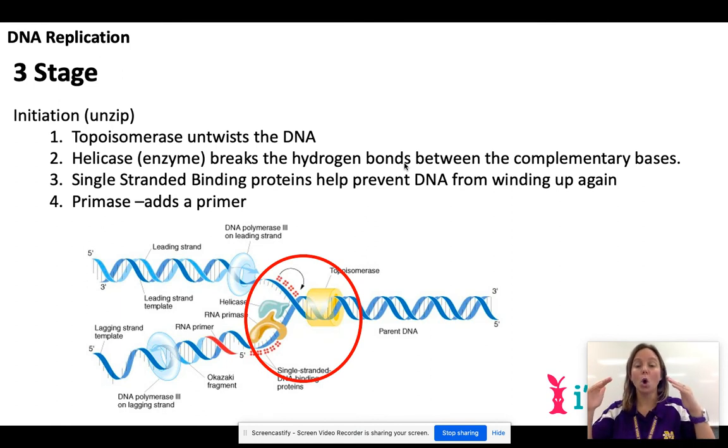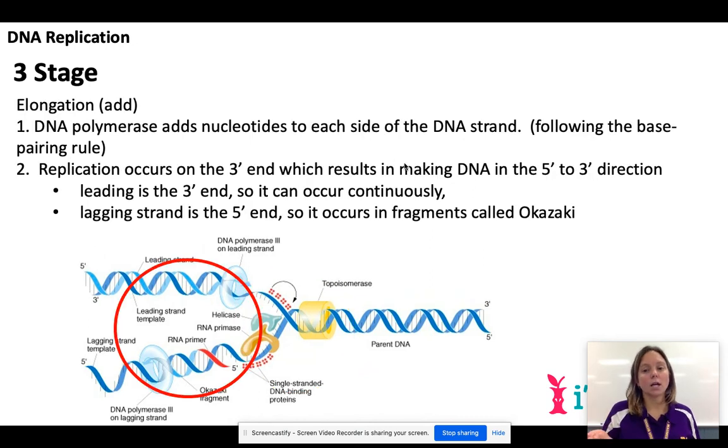They're holding open and preventing all that work from being undone. And then you have the primase adding a primer, remember, which is the RNA that allows for the DNA polymerase to attach itself. So once those three things are in place, we can go into elongation.